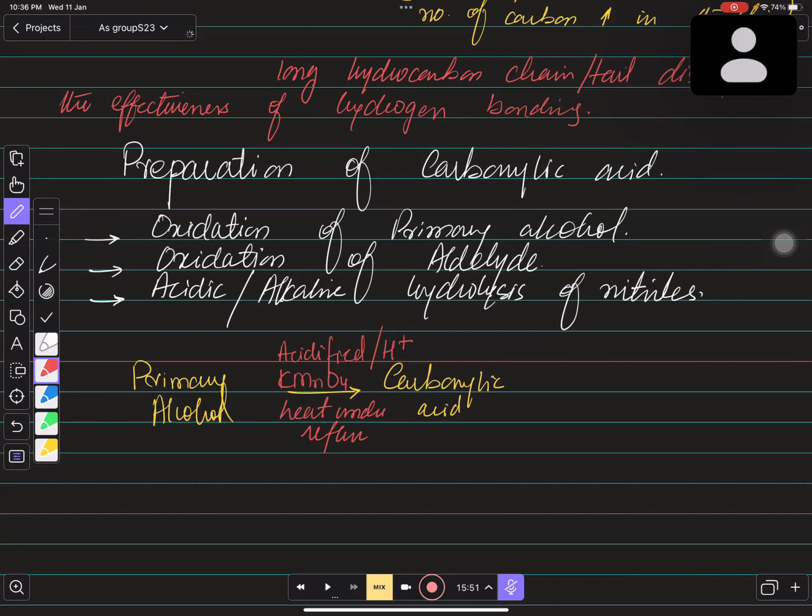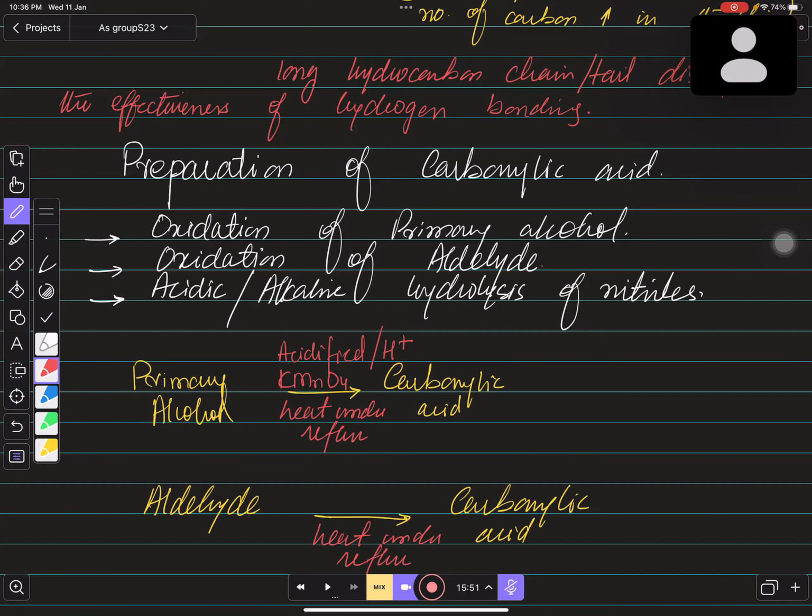And the same thing applies to aldehyde as well. If you have aldehyde, you can convert this into carboxylic acid as well. The condition would remain the same, heat under reflux.